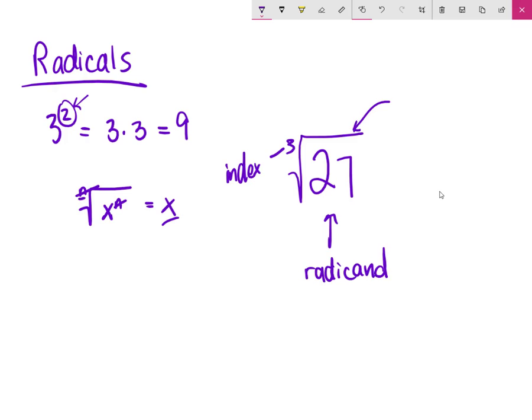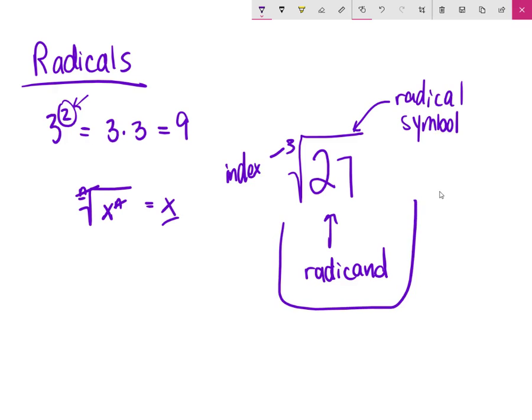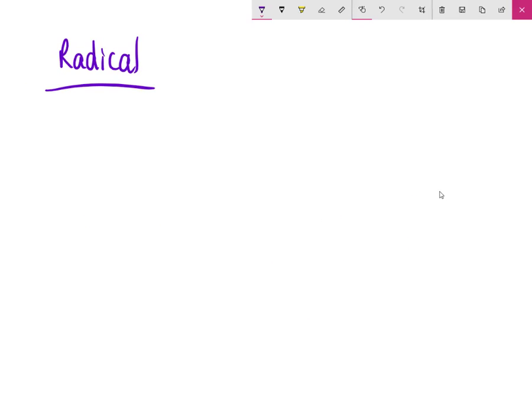This symbol is the radical symbol. And this whole thing is called the radical. Cool? Okay.